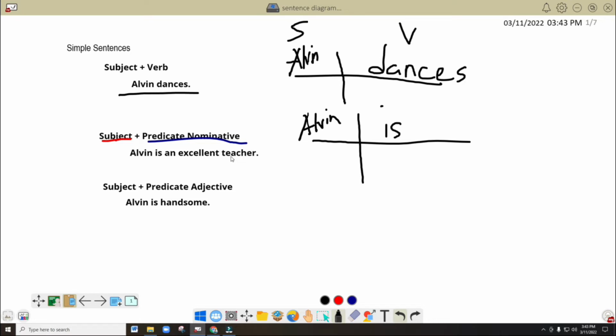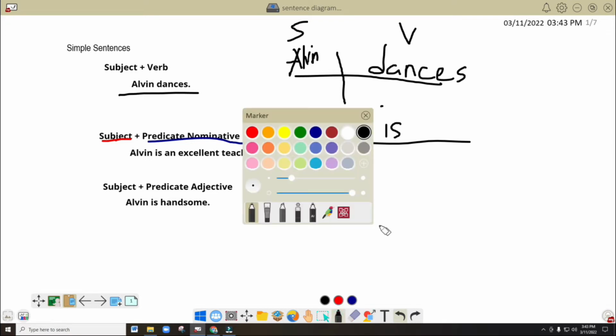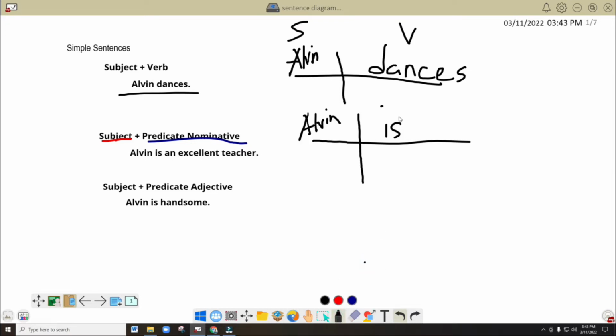But how are we going to put that into a diagram? Do we have to add another line here? Yes, we will be adding another line in here. And this time, the line will be turned. Let's extend this one so you could see it much better. Look at that. It's diagonal, right? It's a slanting line.